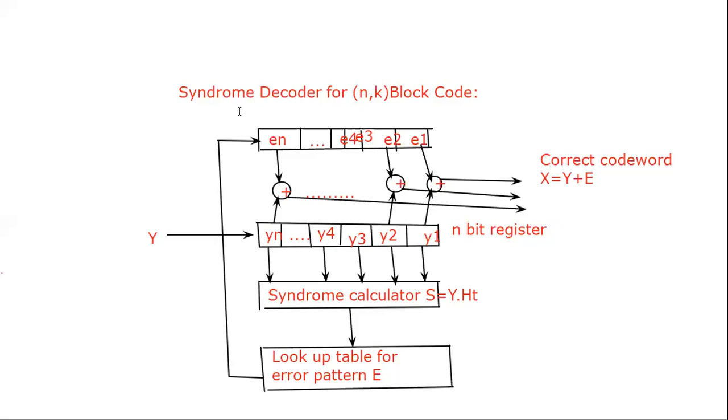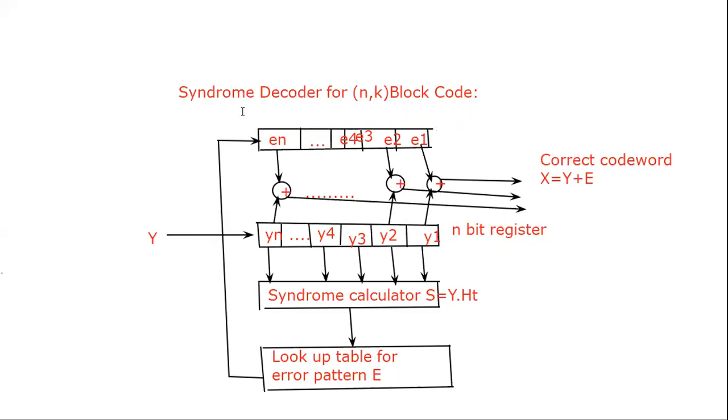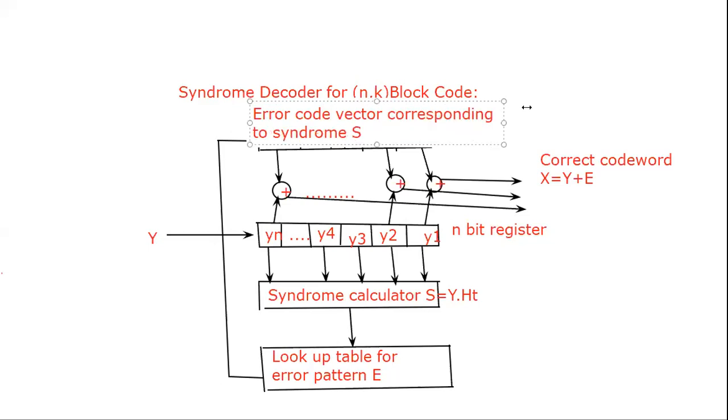And here write one more point. On the top of this box, error vector corresponding to syndrome S. That's it.